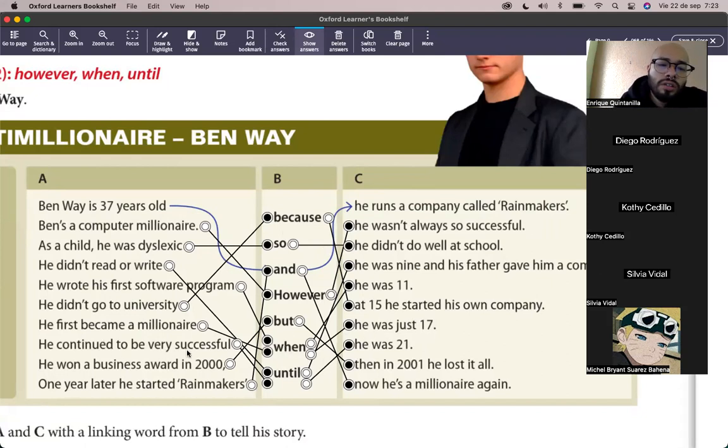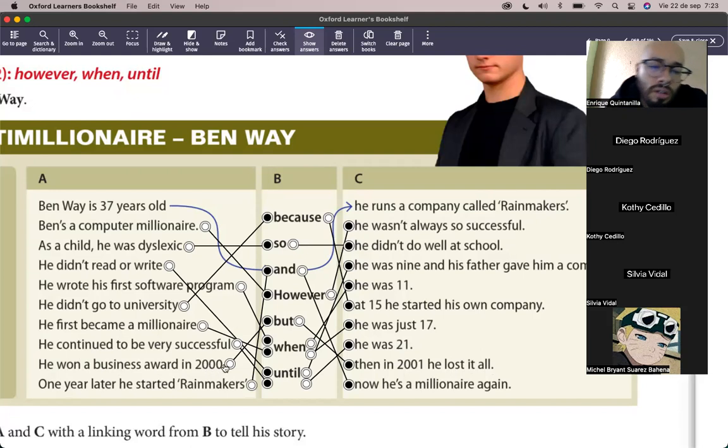He continued to be very successful until he was 21. He won a business award in 2000, but then in 2001, one year later, he lost it all.